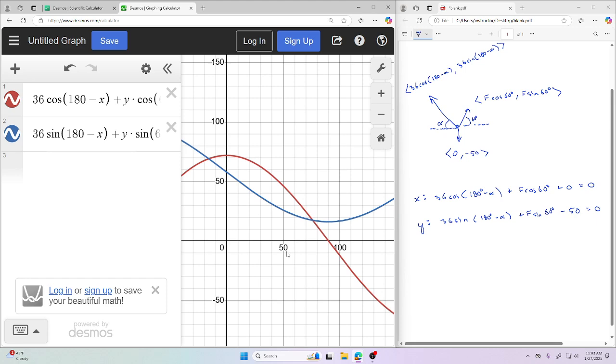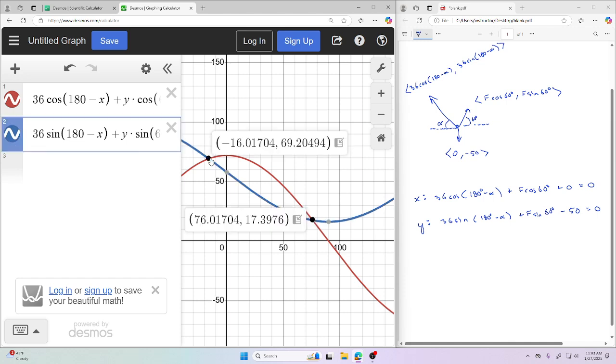And we want to know where they're intersecting. So there's a couple options there. We want things that are all positive because that angle is positive and our forces are all positive. Let's try that. I want to see if that'll work.